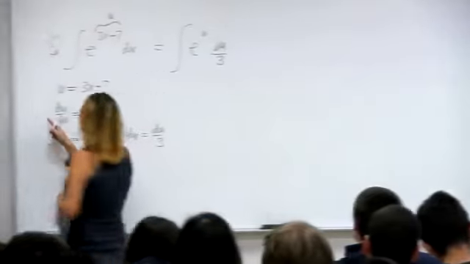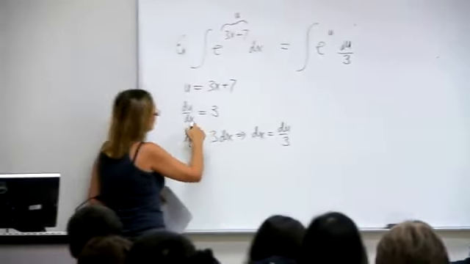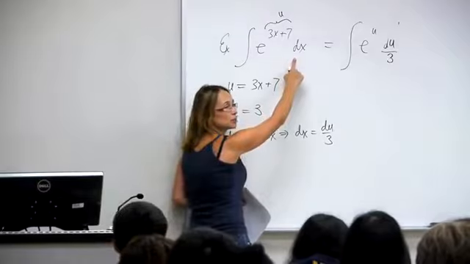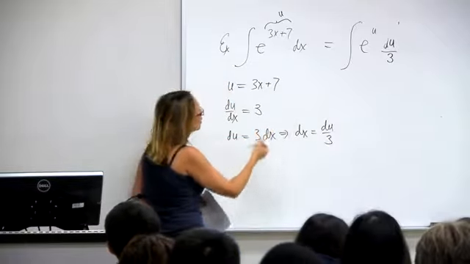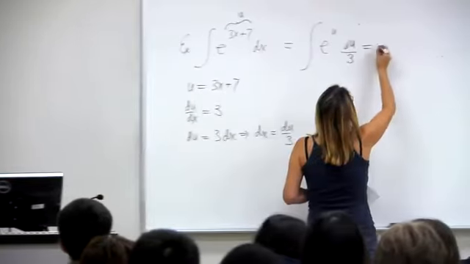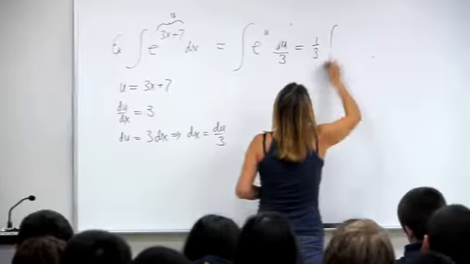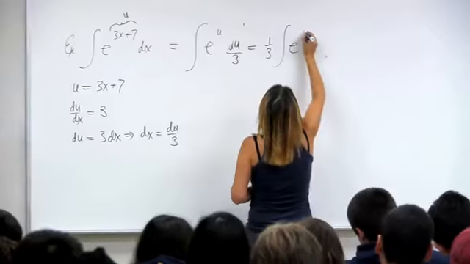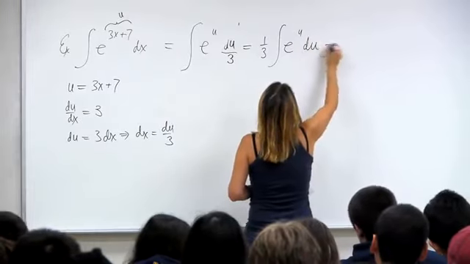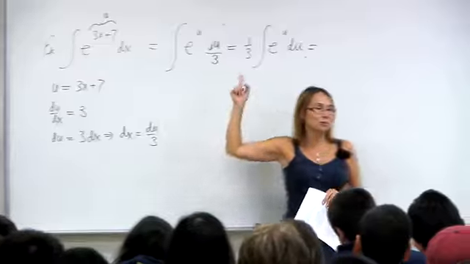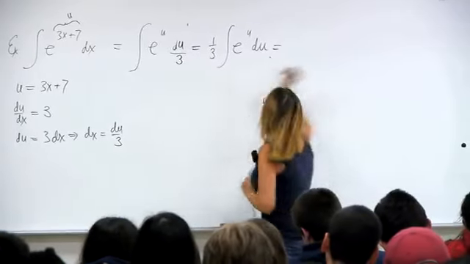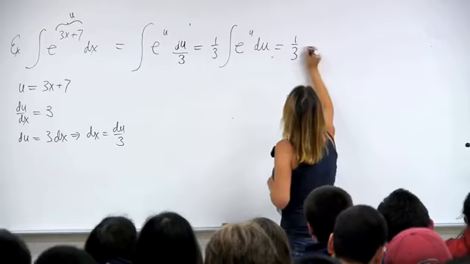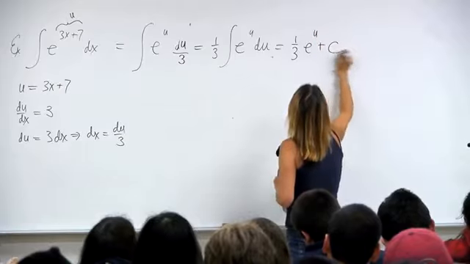So from the equation of differentiation, I can solve for dx, and dx is something that I need to express. Now, when I get rid of the constant by taking it out of the integral, this is what I need to solve. Of course. So we have 1/3 e to the u plus c.